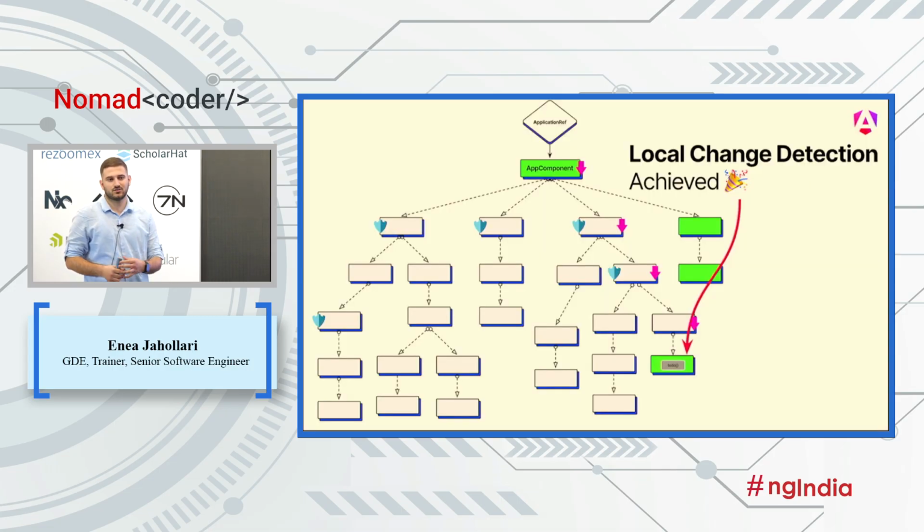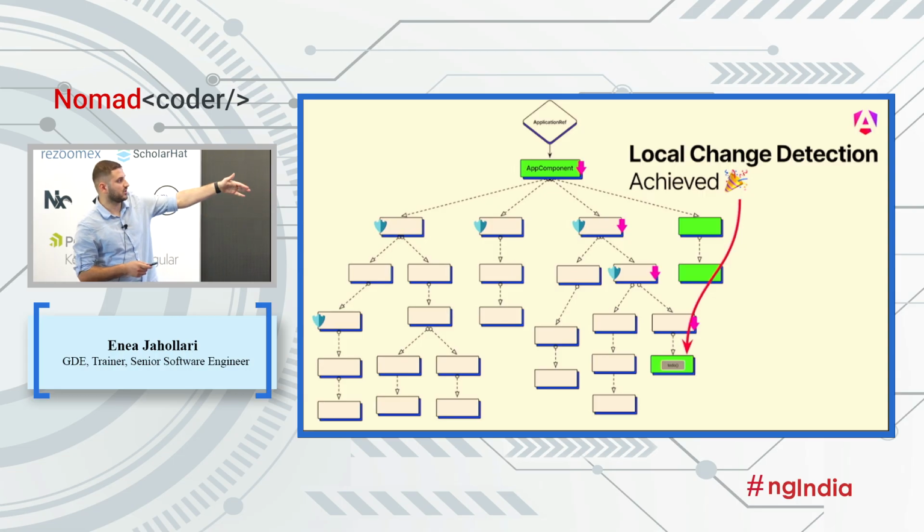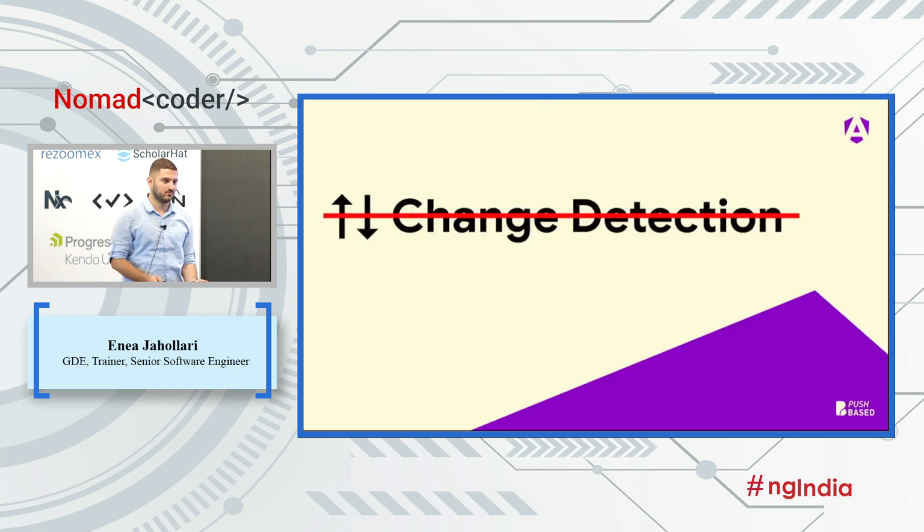Since I learned that Angular can do this, think of it like only detecting changes on the component that read a signal, and that signal changed, nothing else. Like, for example, on that leaf component there. Since Angular can only change detect what's changed and nothing else, I wouldn't call it change detection anymore, because it doesn't change detect too much now.